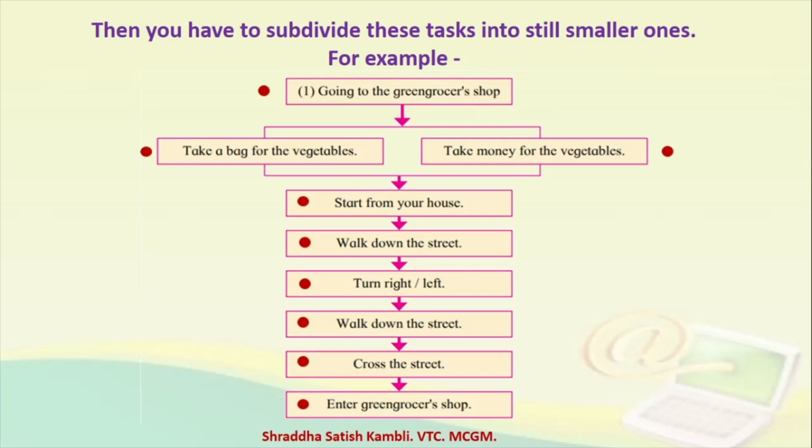Okay, now let me give you an assignment over here. So there are two more steps here, children. Step number 2 was picking up the vegetables you want and paying for them. So just sit down and imagine that you are telling this to a computer. You're asking the computer to go to the shop, buy vegetables and come back home. So for going to the shop, you have written all these instructions.